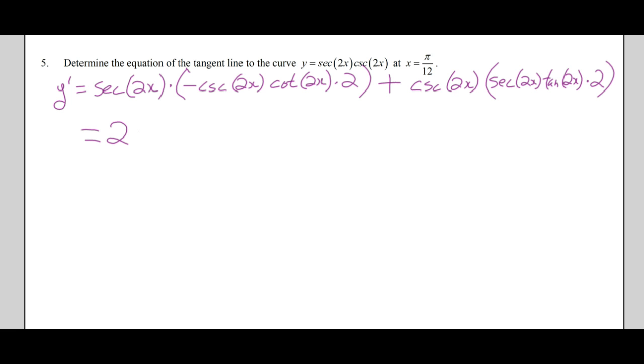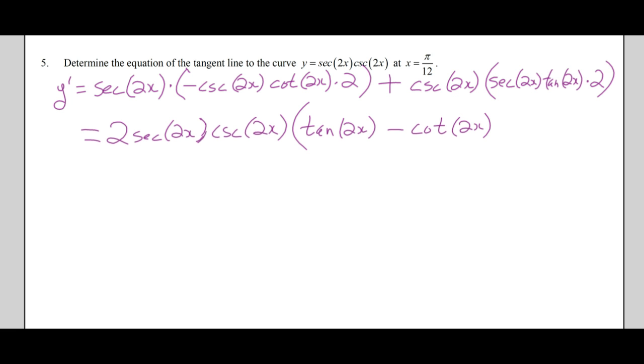Okay, so 2, we got a secant and a cosecant, times, okay, so we got that, so it'll be a tan 2x minus cotan 2x.